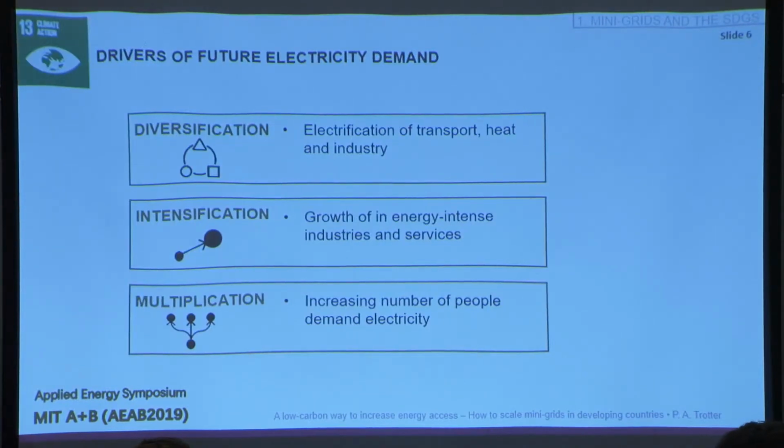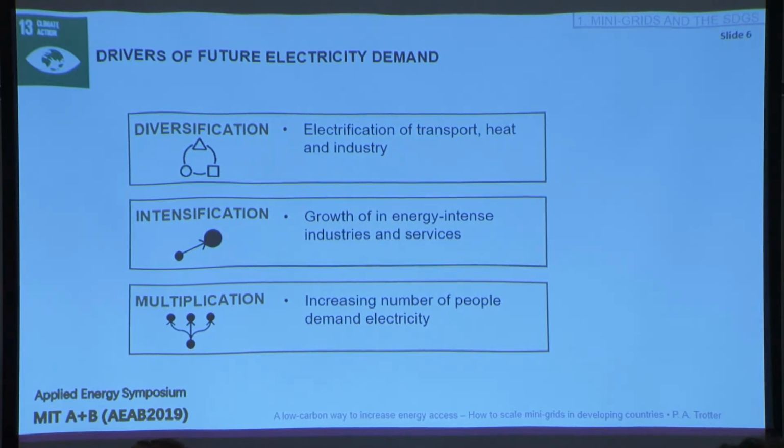In terms of climate action, if you think about future electricity demand in the next couple of decades, there are 3 main drivers of that. One is diversification, so we electrify heat and transport and industry. One is an intensification of growth of energy in intense industries and services. One is multiplication.